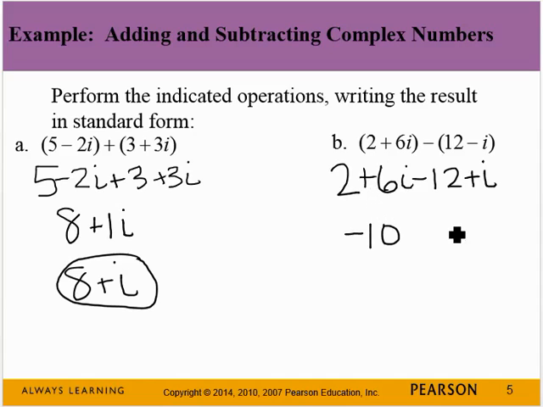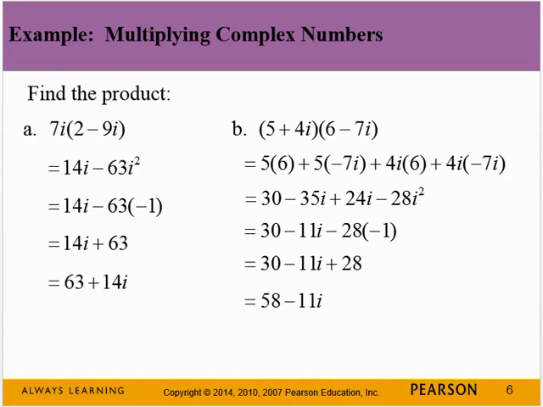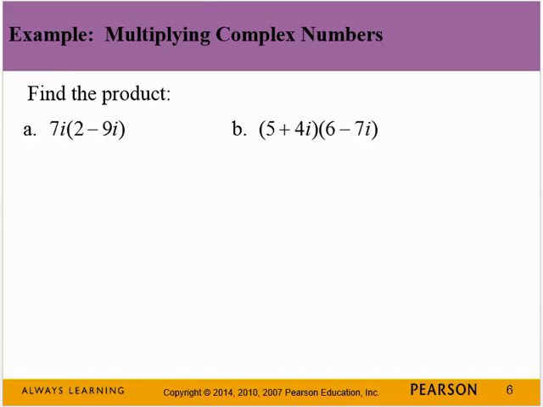I don't know why that 2 keeps disappearing. And now you have 6i plus i, so plus 7i. And that's it. You're just combining your like terms. Sorry about that. It wasn't deleted when it should have been.